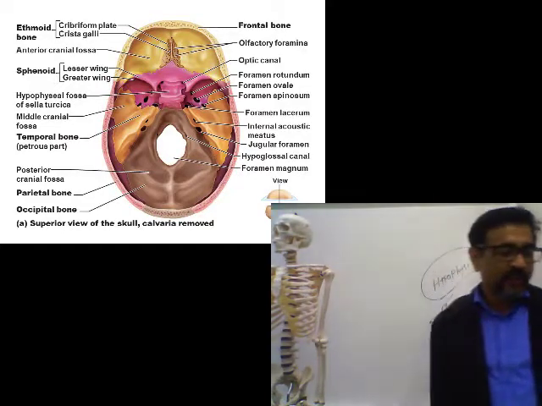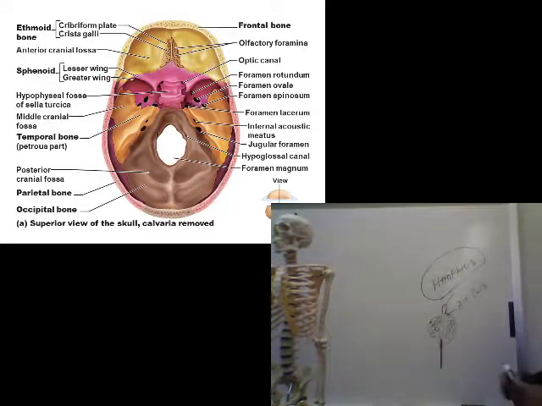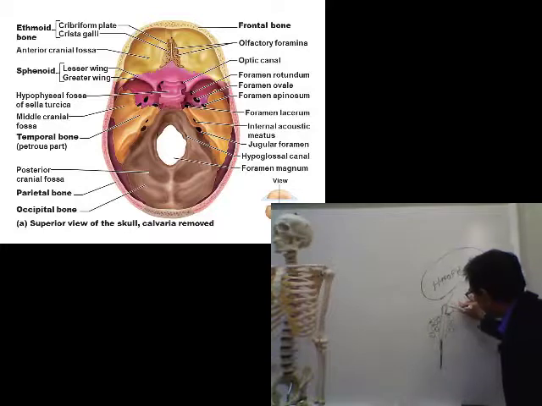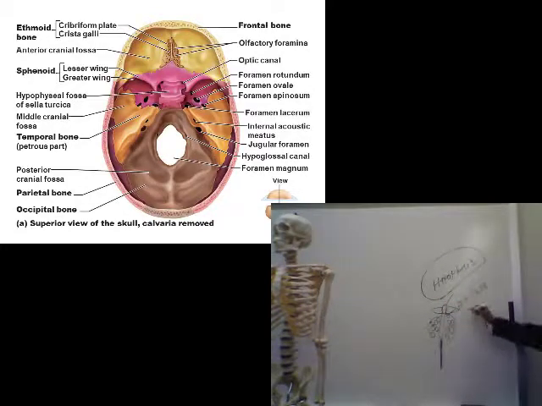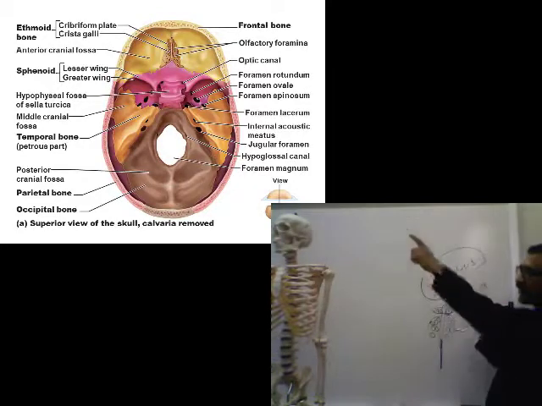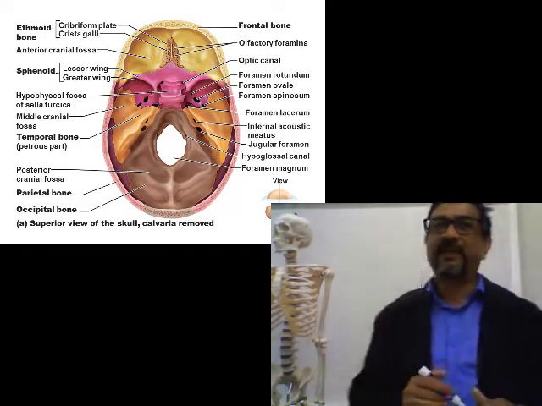And in both sides of crista galli, you have bony plates, and in those two plates, you have many tiny foramina. These two plates on both sides of crista galli are called cribriform plate. So you see there, cribriform plate in the picture.